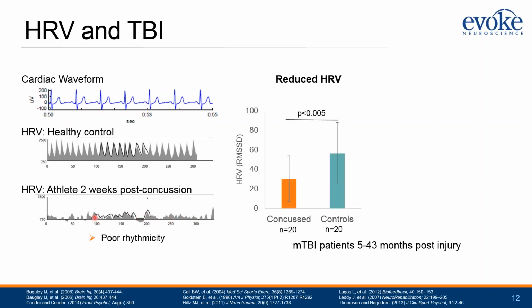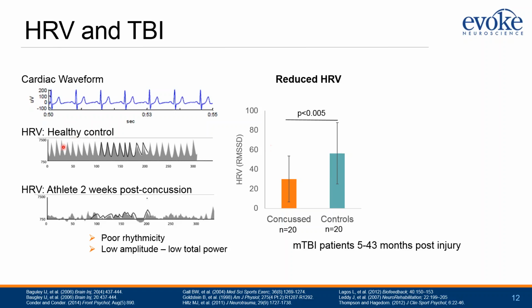Poor rhythmicity here relates to reduced heart rate variability, and really what will show up as reduced SCNN, which, remember, is our time domain metric for HRV. In a study looking at mild traumatic brain injury patients after their injury, they measured that the time domain for heart rate variability was reduced in concussed patients compared to control patients. So we're going to keep an eye out for a reduced SCNN in patients with possible TBI.